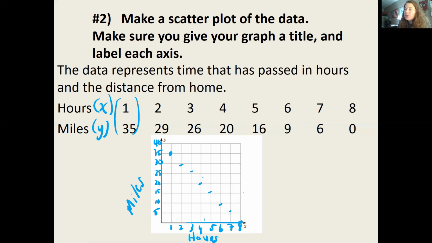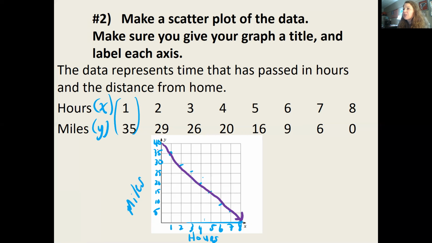Now, I'm going to show you a real quick way to put all these points into your calculator and get your line of best fit. Now, this is a very strong negative correlation, so we could probably guess the line of best fit pretty closely. But I am going to show you how to use your calculator if you have the kind of calculator that I have.